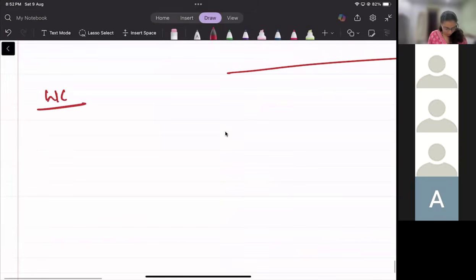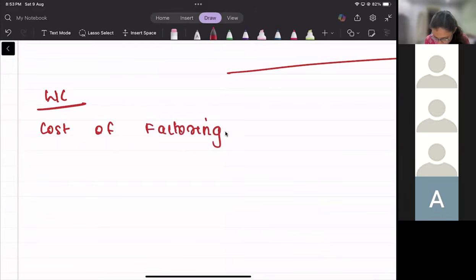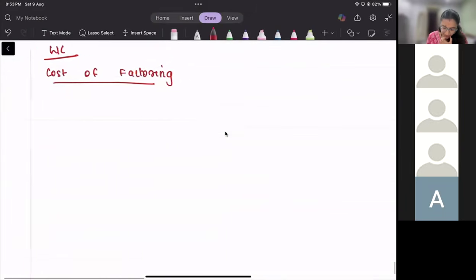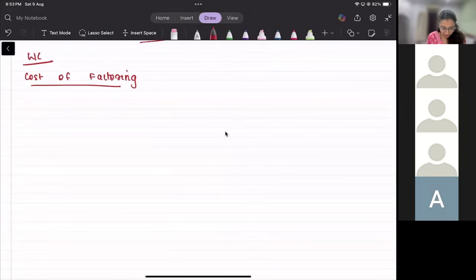So, working capital. What have they asked us to find out? Effective cost of factoring. Again, first let's write the format and then we'll fill the data. So, how do you actually find the effective cost of factoring?